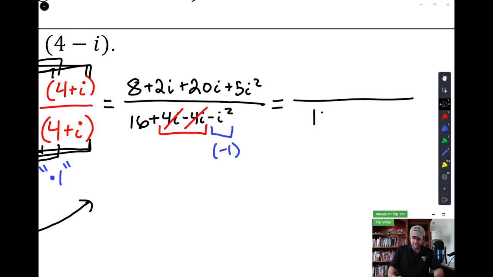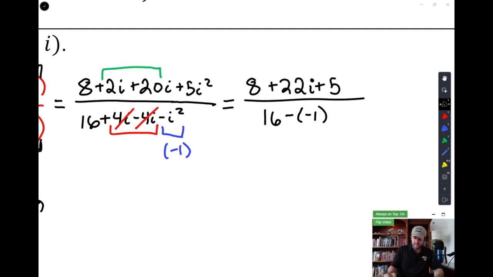So on the bottom, all we have is 16 minus a negative 1, because the minus sign from the subtraction still stays, and then we introduce the parenthesis negative 1 from the i squared. And on the top, we have some similar like terms combining. We have 8 plus 22i plus 5, here's that i squared happening again, times negative 1.